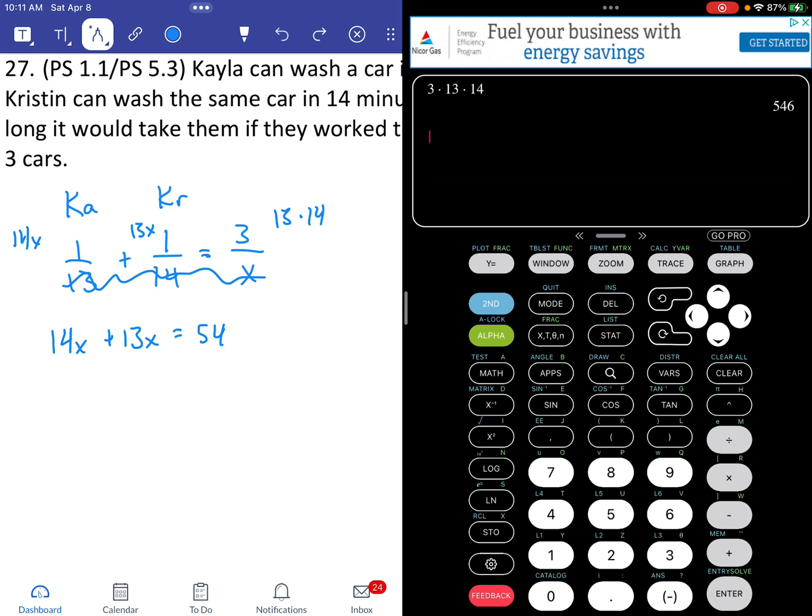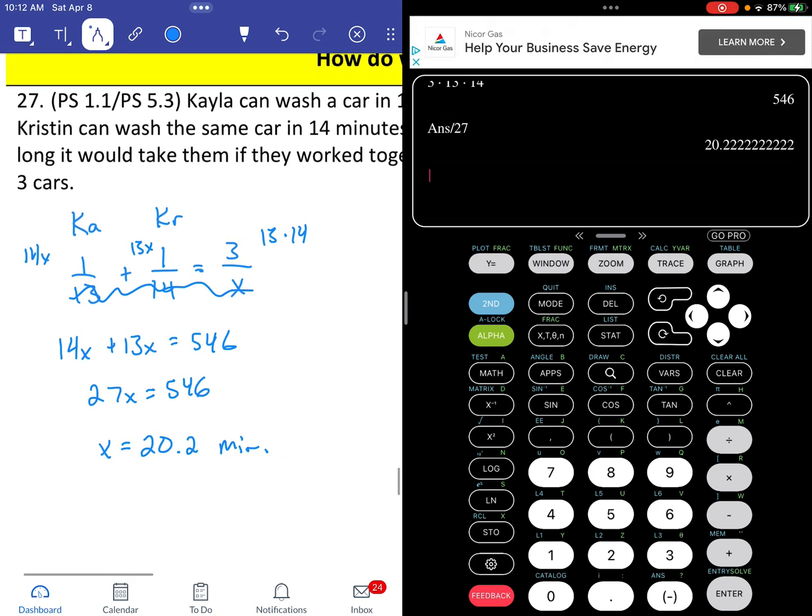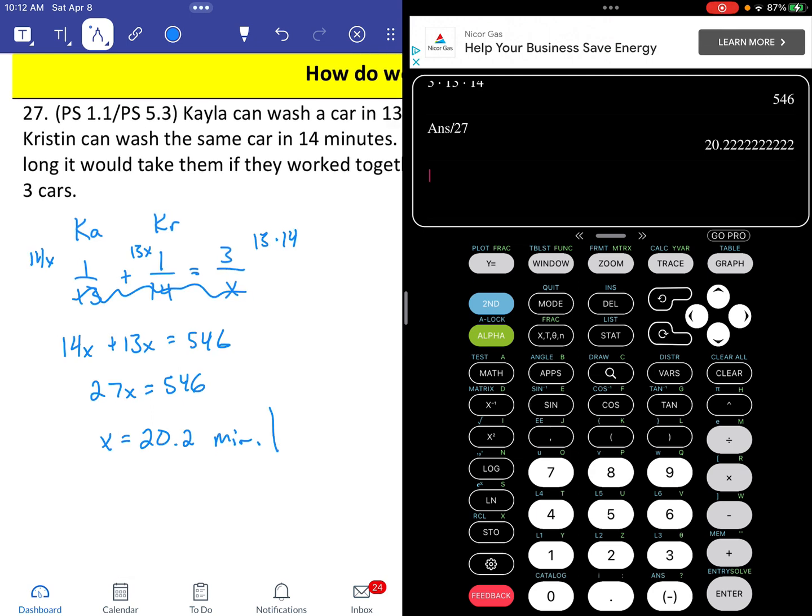If we combine the two like terms, we get 27x equals 546, so x is equal to 546 divided by 27, which is 20.2 hours. Oh, minutes. Sorry, we're doing minutes. That's our answer.